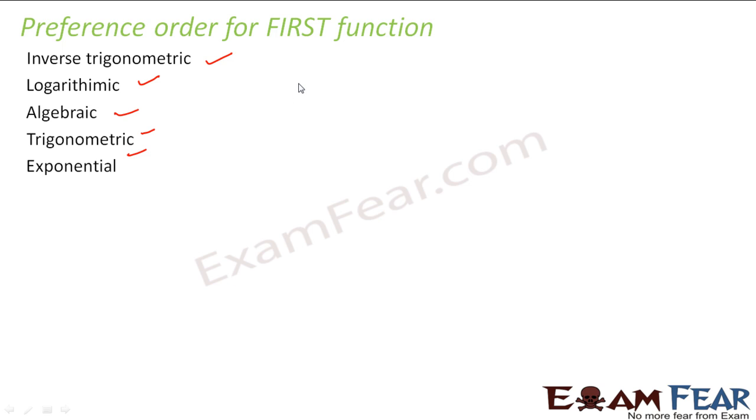So if I have f(x) into g(x) form, I'll take f(x) to be first if f(x) is first in this order. If I have, let's suppose, tan inverse x into e to the power x, I'll take tan inverse x as the first function because it is first in order.